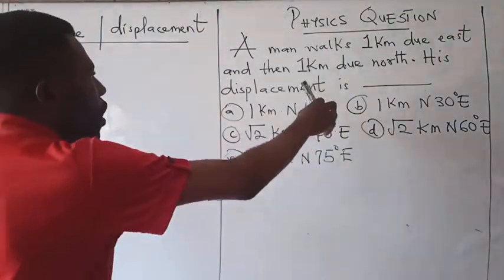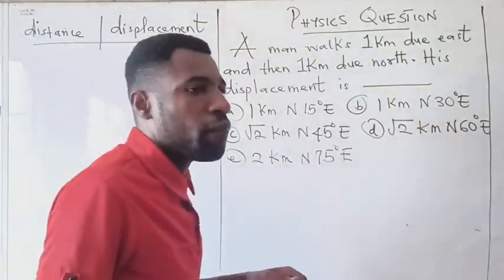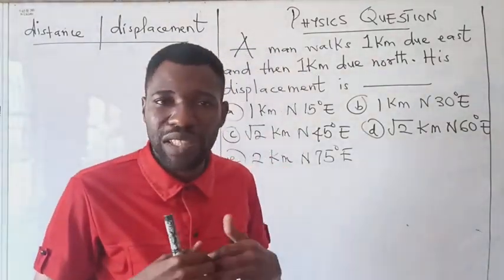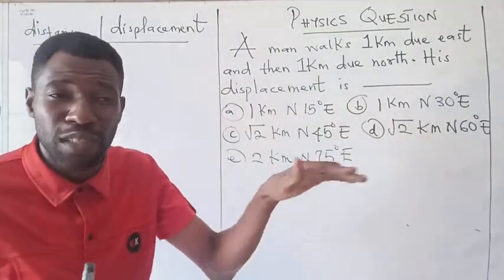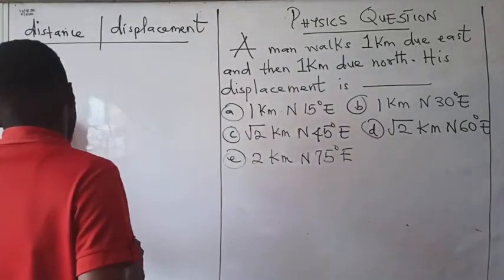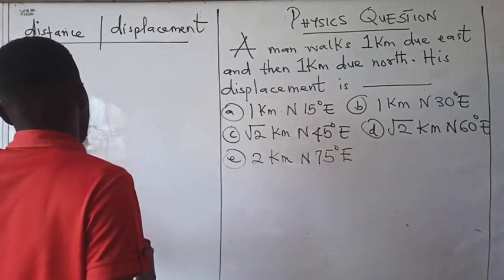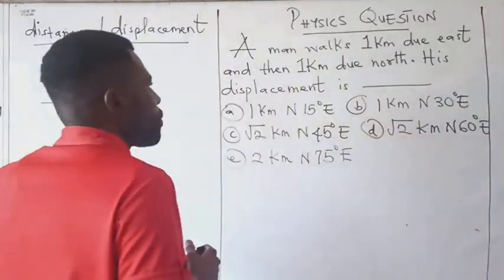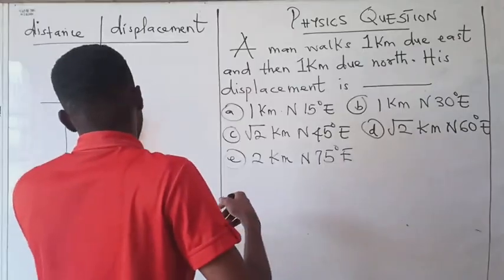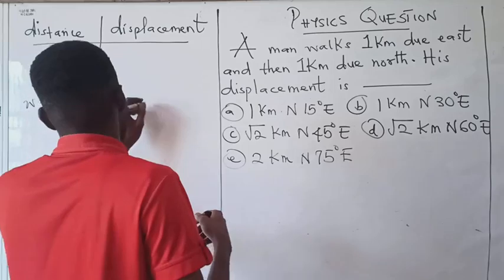Now, we said that a man walks 1 kilometer due east. For the man to walk due east, he must have a starting position. We call that in physics a reference point. So let's say this is the starting position. We have north, south, west, and east.